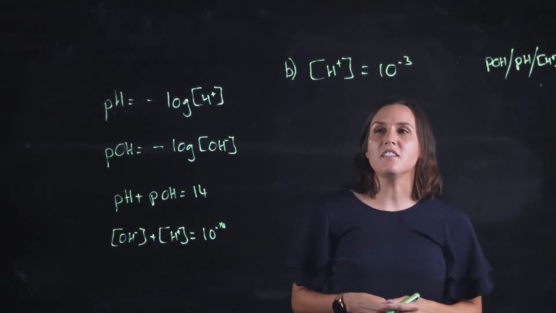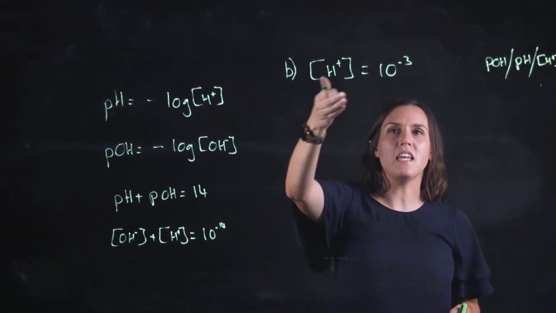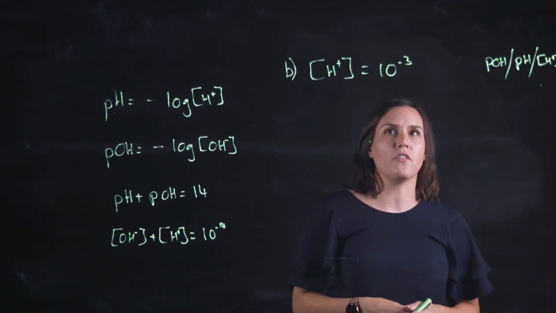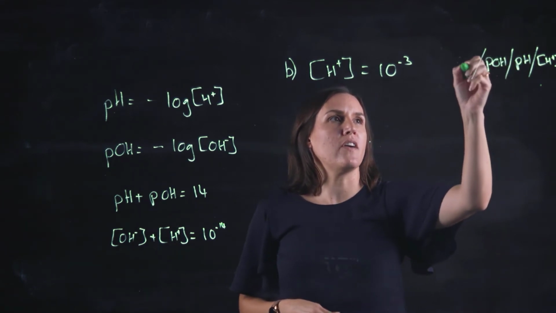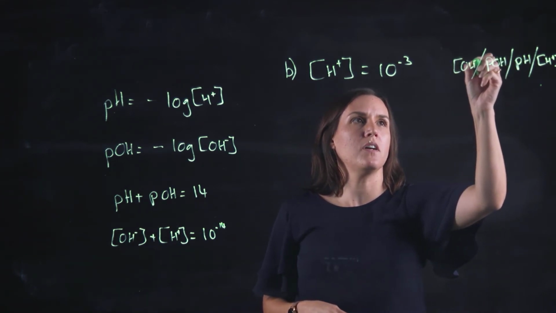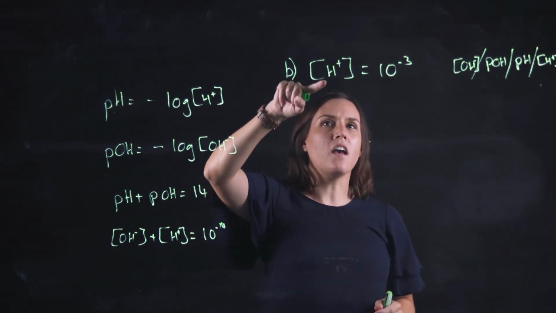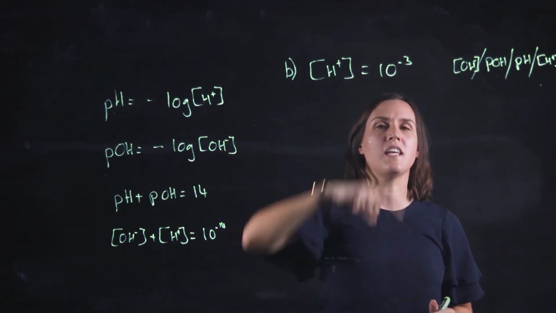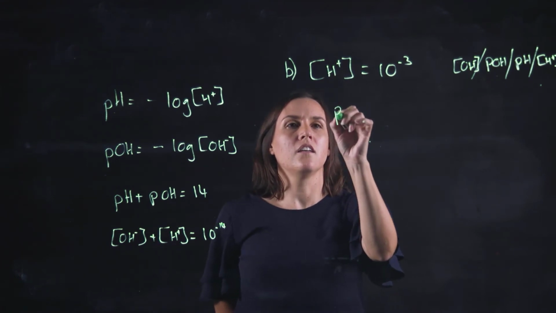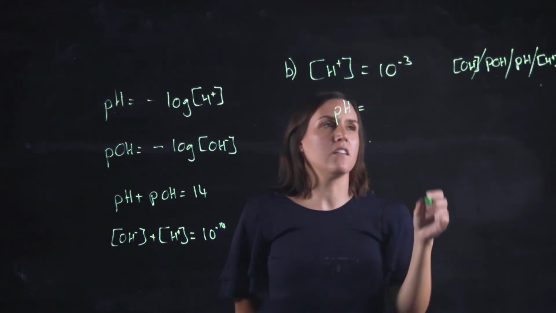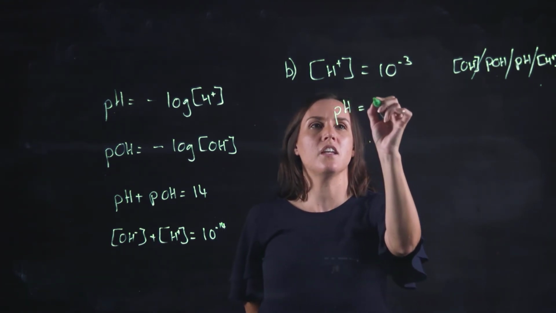So this question here, so B, I've got H plus equals 10 to the minus 3. So I want to find the OH minus this time as well. So all the possible values. So if my hydrogen ion concentration equals 10 to the minus 3, using what we did just on the last question, my pH equals 3.